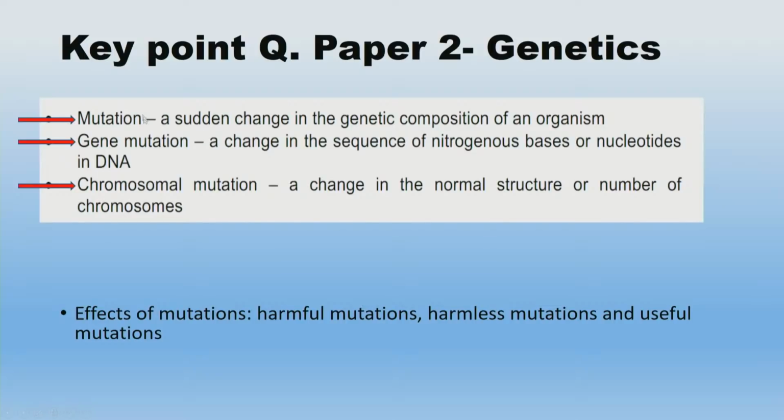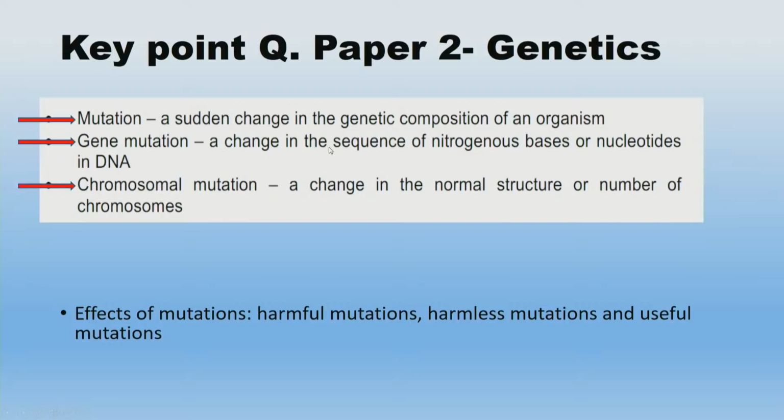But we divide mutations into gene mutation and chromosomal mutation. Now remember, mutation is also a source of variation. So when we do evolution, we will come back to mutations and emphasize this again, because the learners must identify what a gene mutation is.